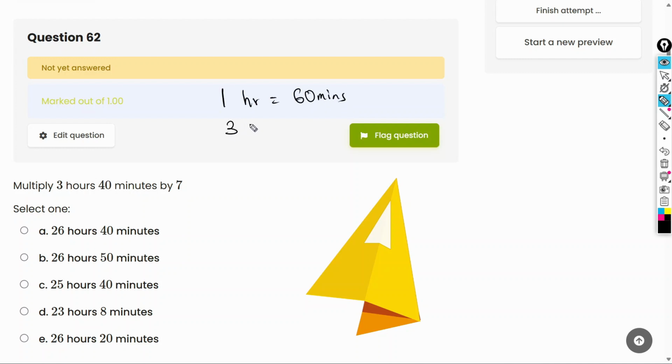So 3 hours is equal to 60 minutes times 3. 6 times 3 is 18, and then we include the 0. So that's 180 minutes for 3 hours. Then 3 hours, 40 minutes will be 180 minutes plus 40 minutes.